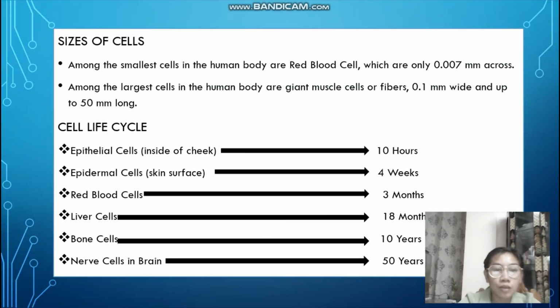Next, we have here the sizes of cells. I only stated the smallest cells and the largest cells of the human body.